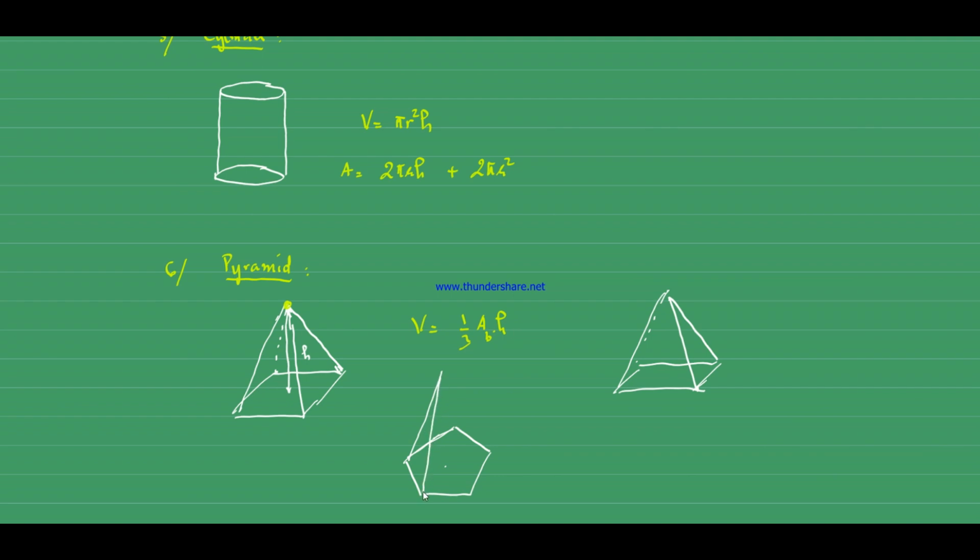So you see in this case, in order to find the volume of this pyramid over here, you have to find the area of the pentagon, right? But this pentagon over here is kind of tough to find the area. But the formula is still the same. Okay. The base can also be a triangle if you want to. Let's say whatever the base over here is a triangle, looks like that.